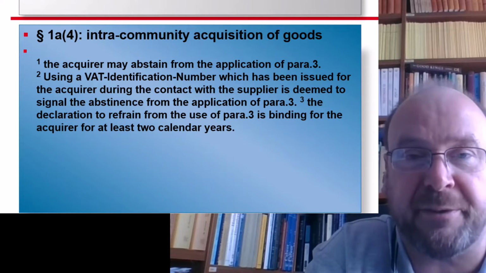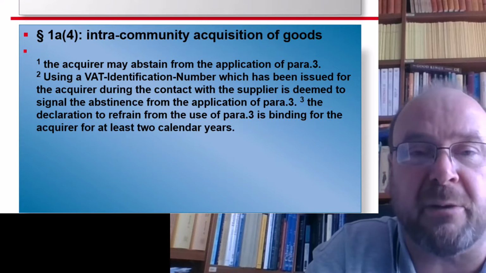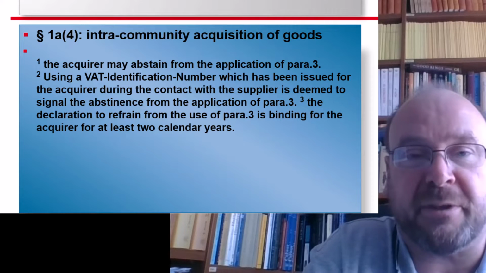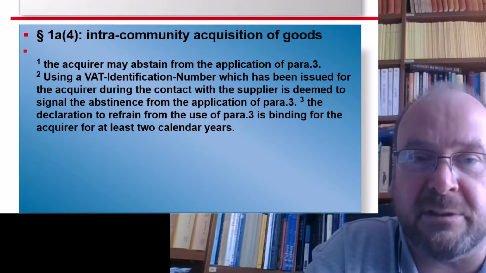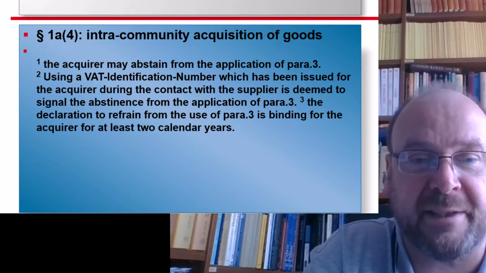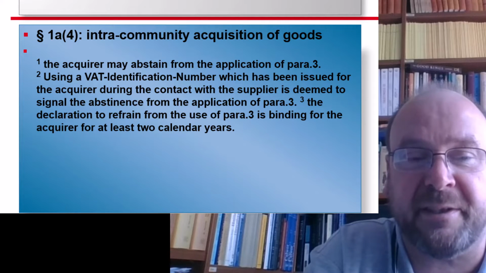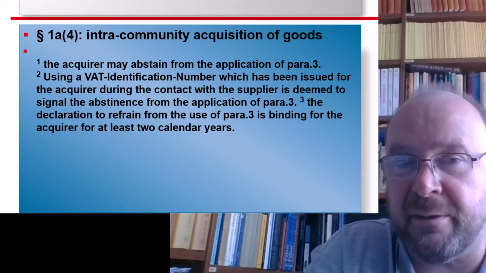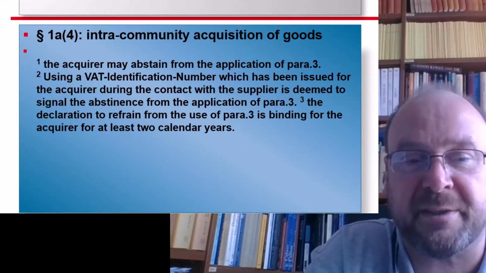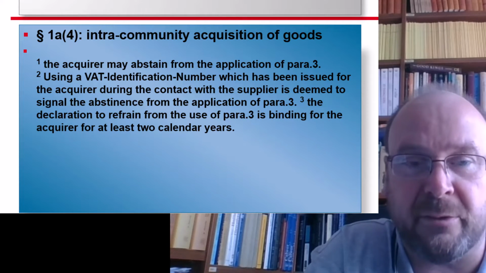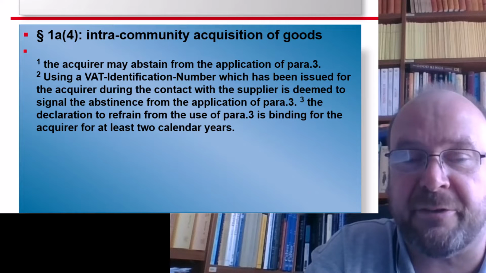So you can renounce the threshold and say, from now on, I want to be subject to acquisition tax. Now, how do you do this? The law says if you use a value-added tax identification number, which has been issued to you, during the negotiations or business contracts with the supplier, that is automatically read as renouncing the threshold.